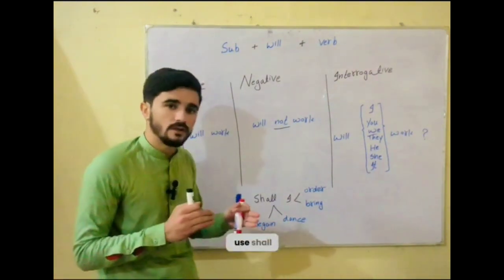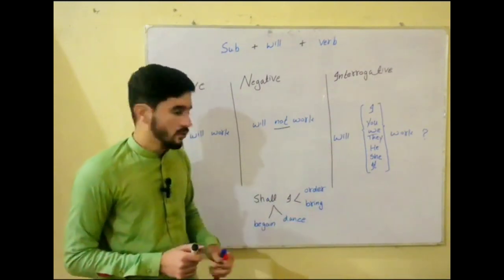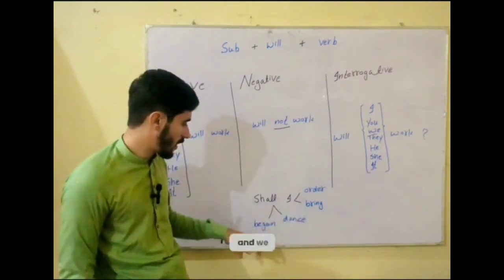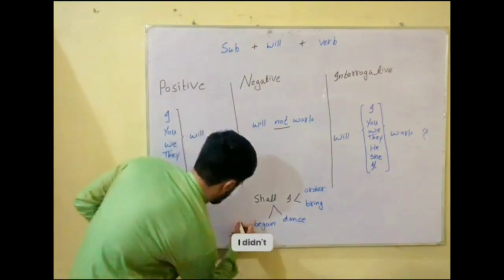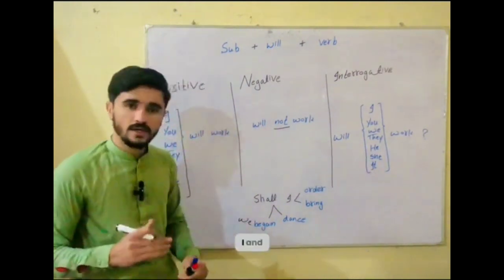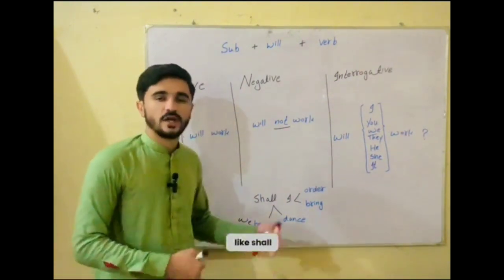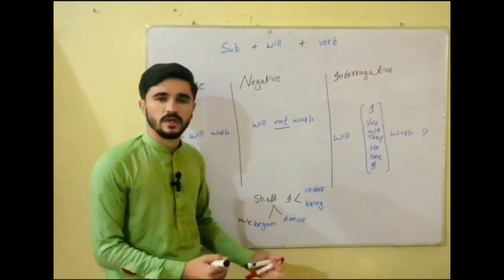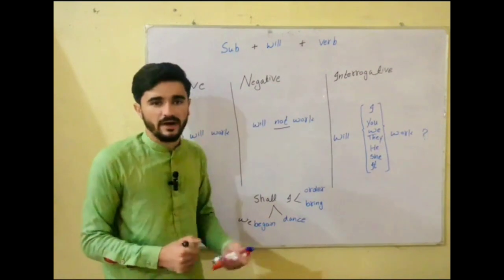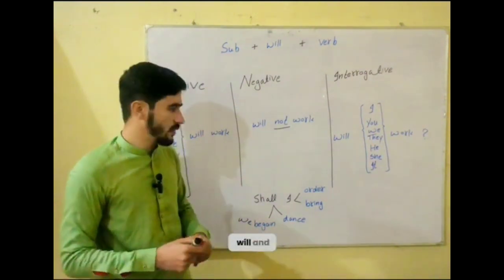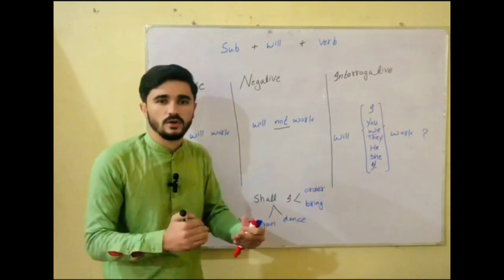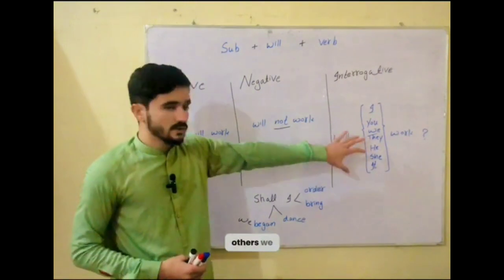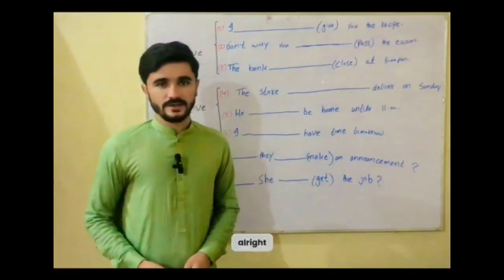We use shall with two subjects, I and we, like shall I dance, shall I begin, shall we dance, shall we begin, shall I bring, shall we bring. With these two subjects we use shall, and with others we use will.